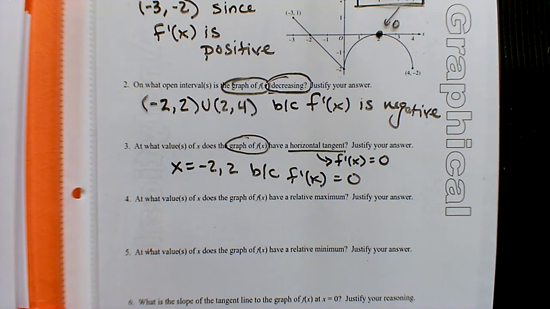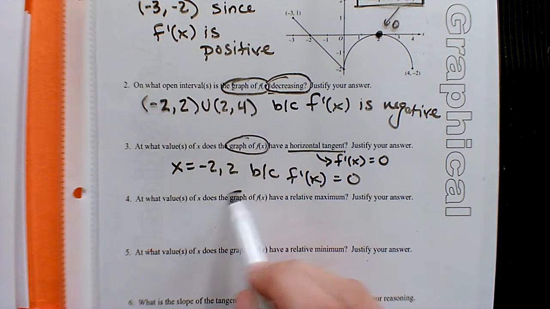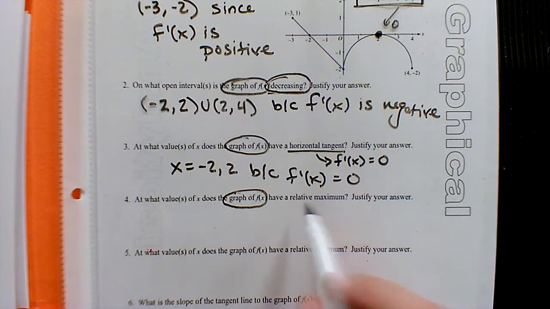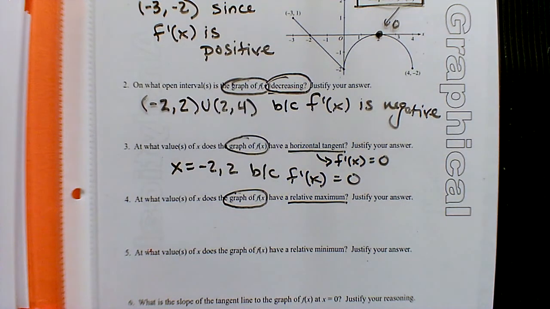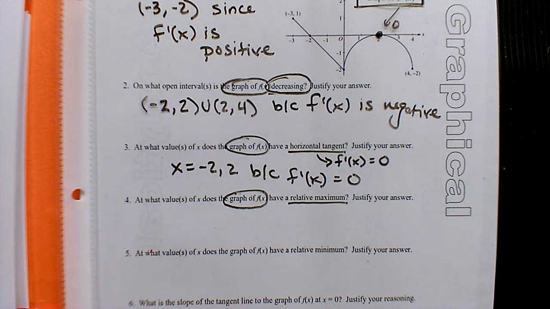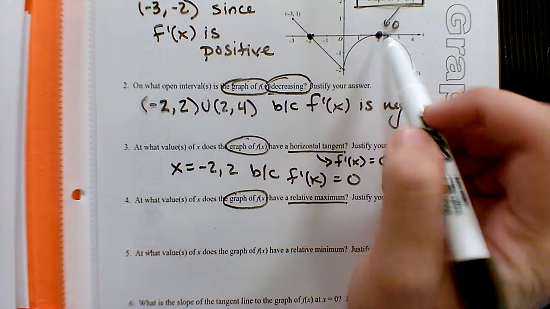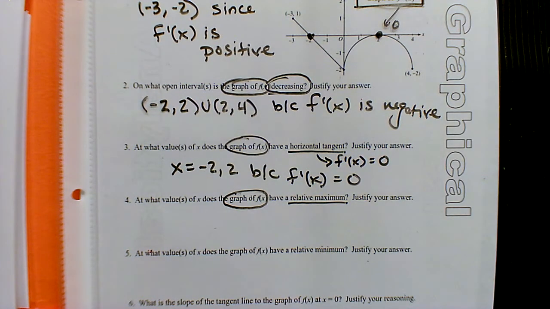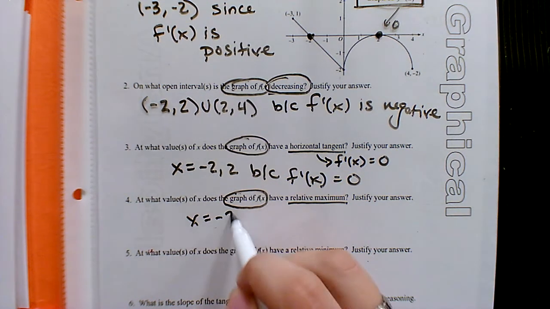All right, number 4. At what values of x does the graph of f of x, the original function, have a maximum? So we said negative 2 and 2 were the possible locations of maxes or mins. Can we figure out which one's a max maybe? Yeah. Negative 2 because derivative is positive to negative. There we go.